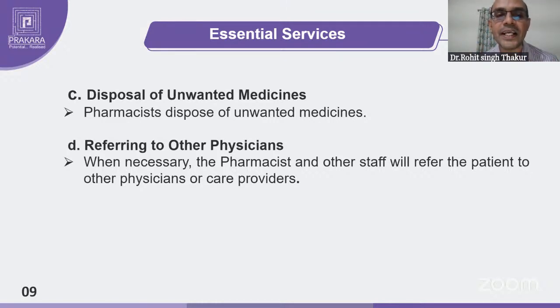Then comes the criteria of referring to another physician. Now remember, as a pharmacist, very commonly, only if you find it necessary, you personally try to refer the patient to a physician or a care provider, where in your opinion the patient is not normal in taking the prescription, or if you really feel your patient is misusing the prescription when it comes to schedule H group of drugs, or anti-anxiety, antipsychotic, antidepressant group of drugs.